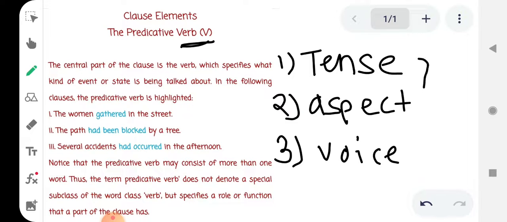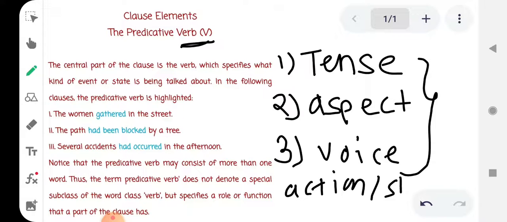So these are the principal three things that the verb does, apart from telling us about the action or state of the sentence. That's why it is the central part of any clause.